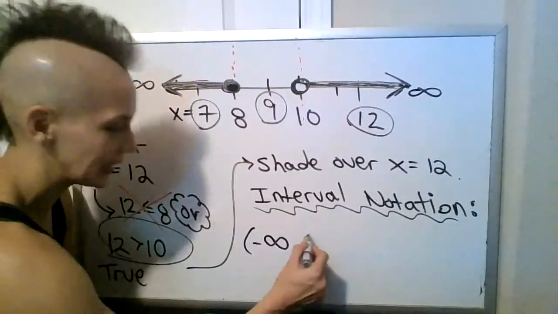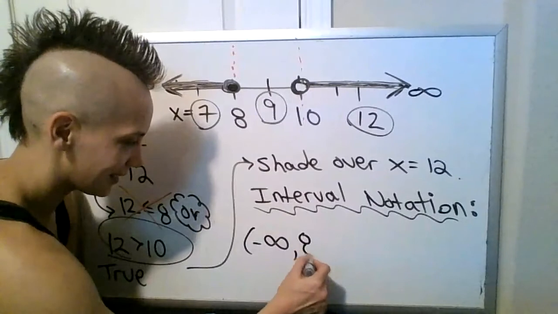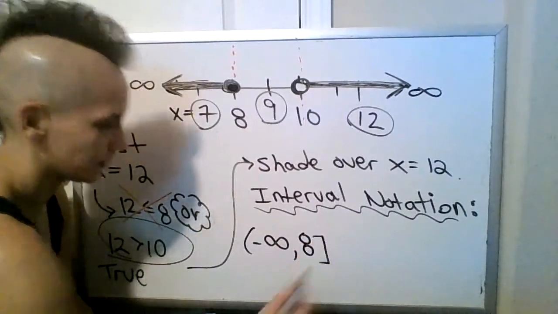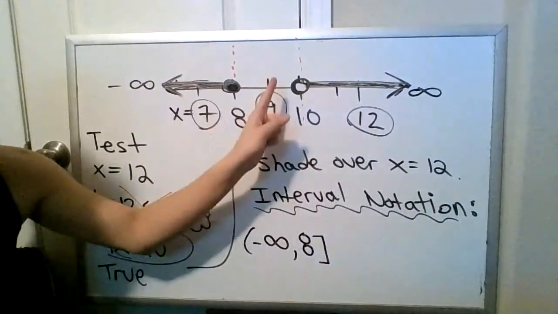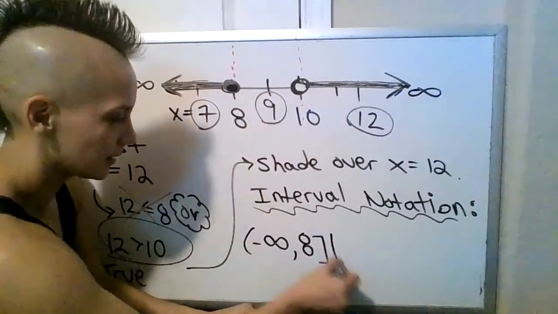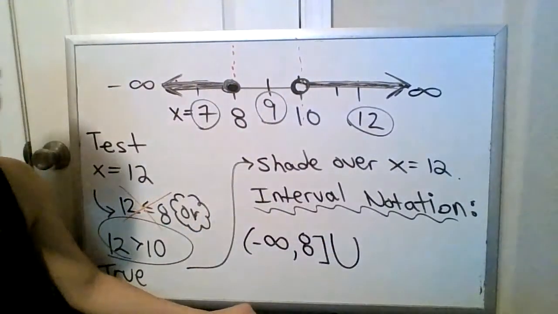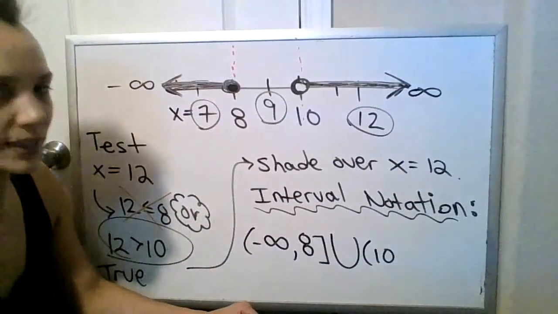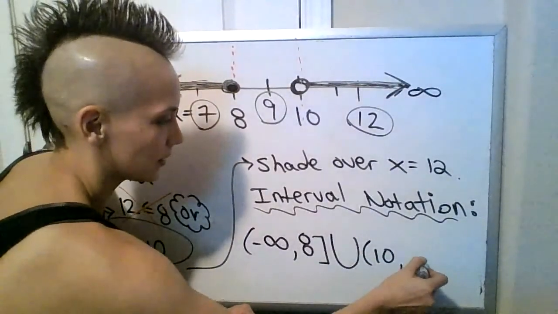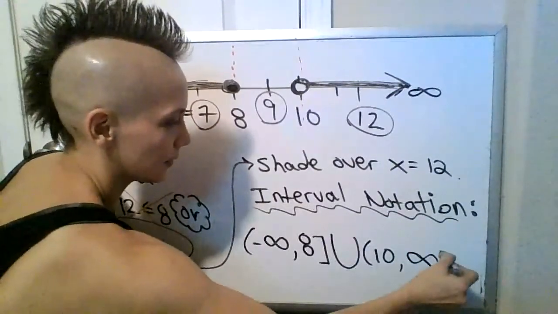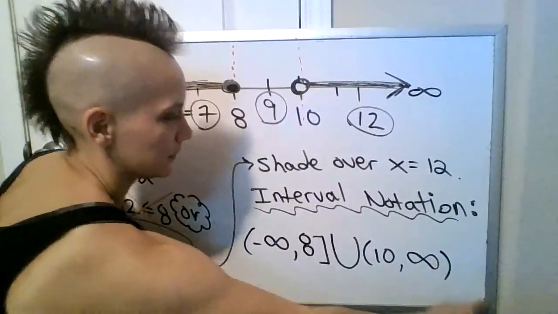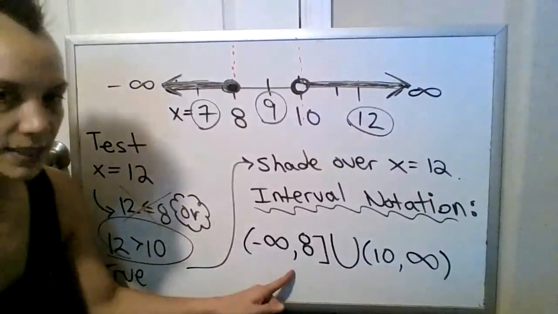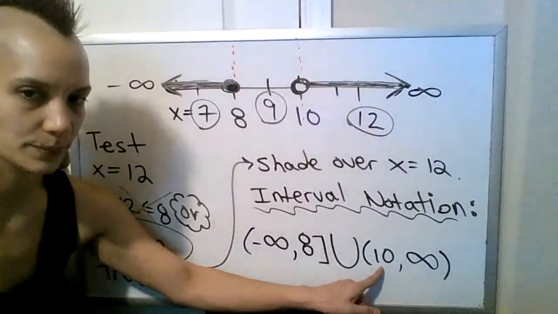It's difficult to write. Square bracket. Okay, union with the set. It starts at 10 and does not include 10. It goes over to infinity. So it's in that set or it's in that set.